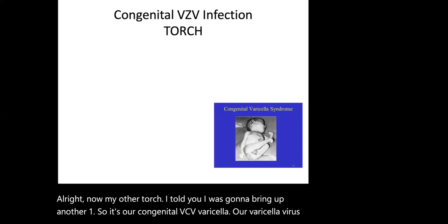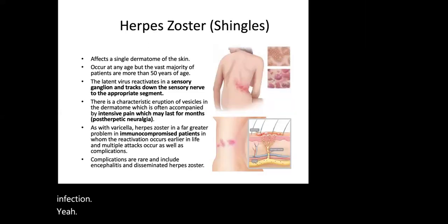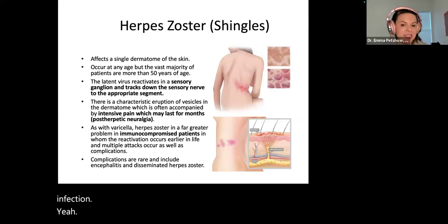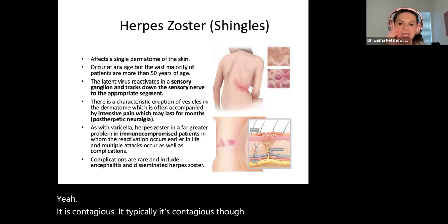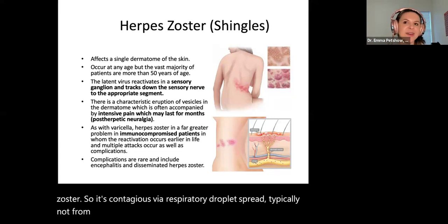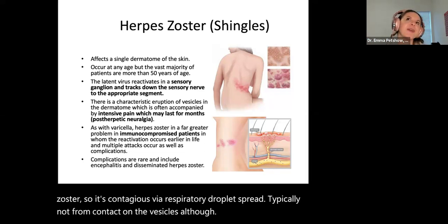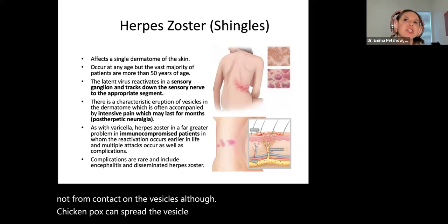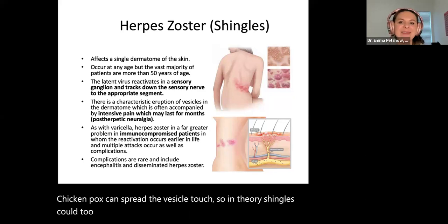Quick question. Shingles, are they very communicable? Are they contagious? It is contagious, as varicella zoster. It's contagious via respiratory droplet spread, typically not from contact with the vesicles, although chickenpox can spread via vesicle touch, so in theory, shingles could too. So yes, I would say highly contagious.